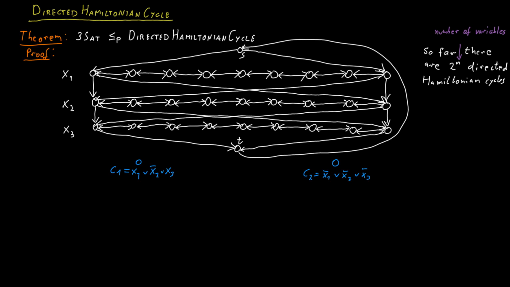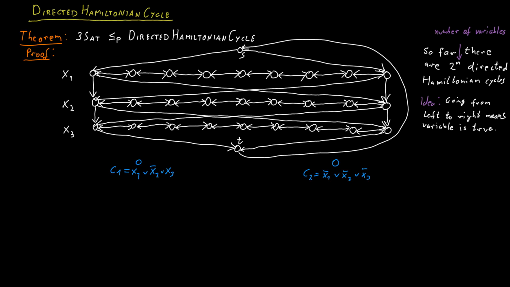So for example, if a clause contains the literal x1, then let's say we identify going from left to right with setting x1 to true and going from right to left with setting x1 to false.